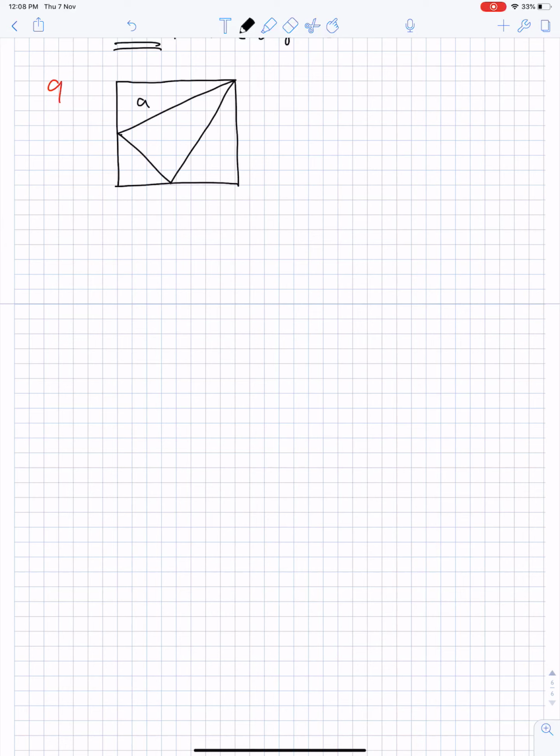Yeah, A, B, C, D. What fraction is each triangle?